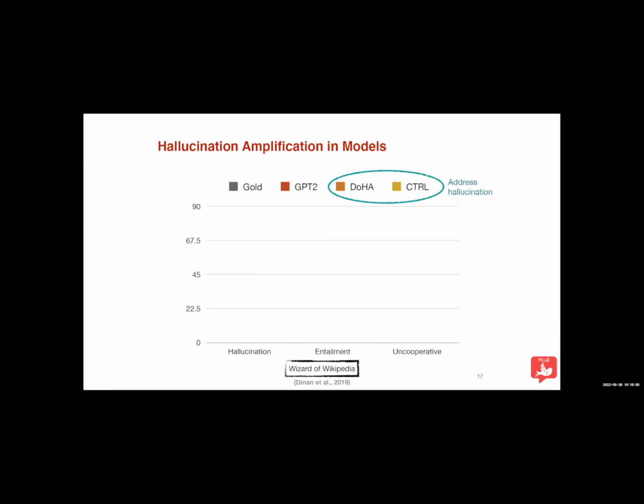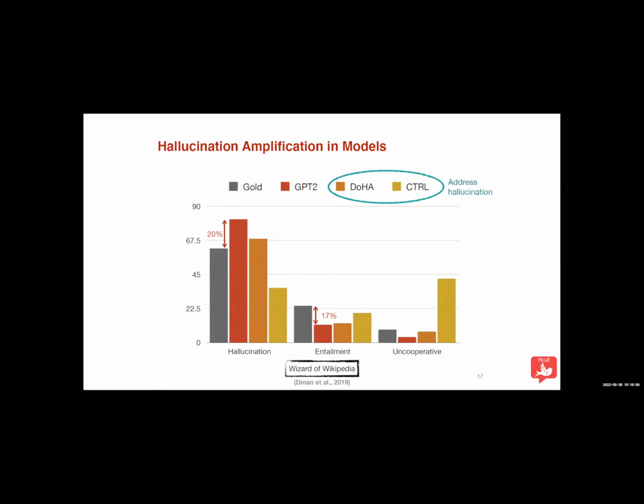If you see here, in the gold data, hallucination was 66%. If you take GPT-2 and train a model, the hallucination phenomenon amplifies even further.